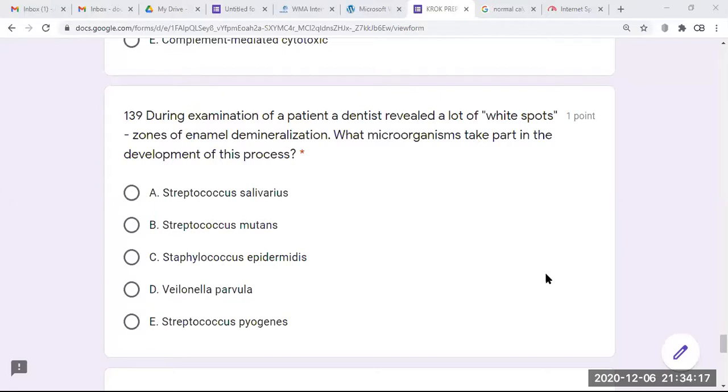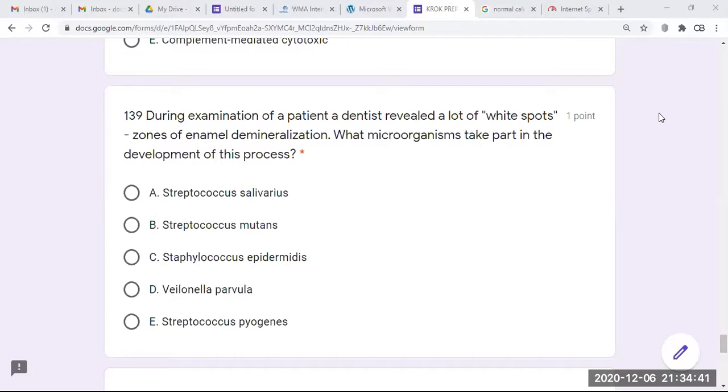Glucose and fructose. And then they will use this fructose to form lactic acid. So for those people who don't usually brush their teeth, who have poor oral hygiene, these Streptococcus mutans are usually found in the plaque that is found in between the teeth.